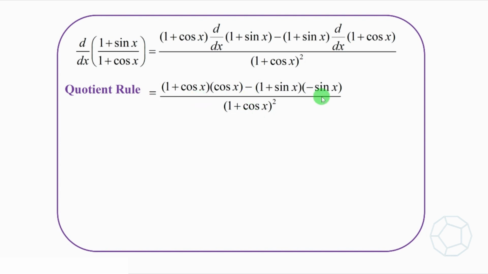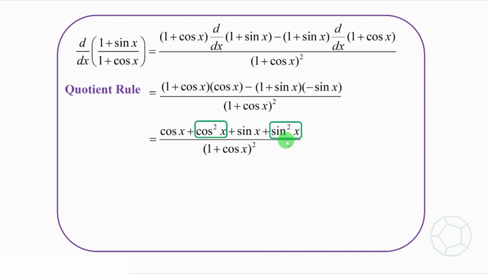Expanding the terms in the numerator, we have cosine x plus cosine square x plus sine x plus sine square x. Adding up cosine square x and sine square x, we get 1 plus cosine x plus sine x.